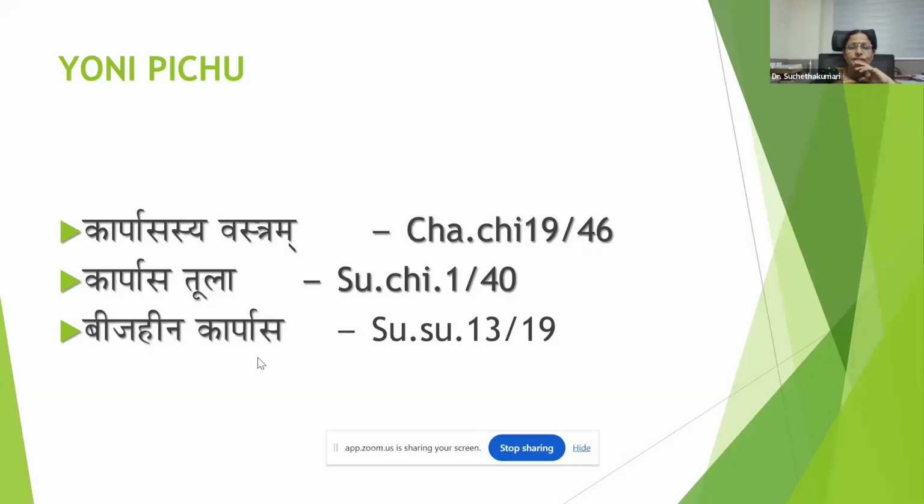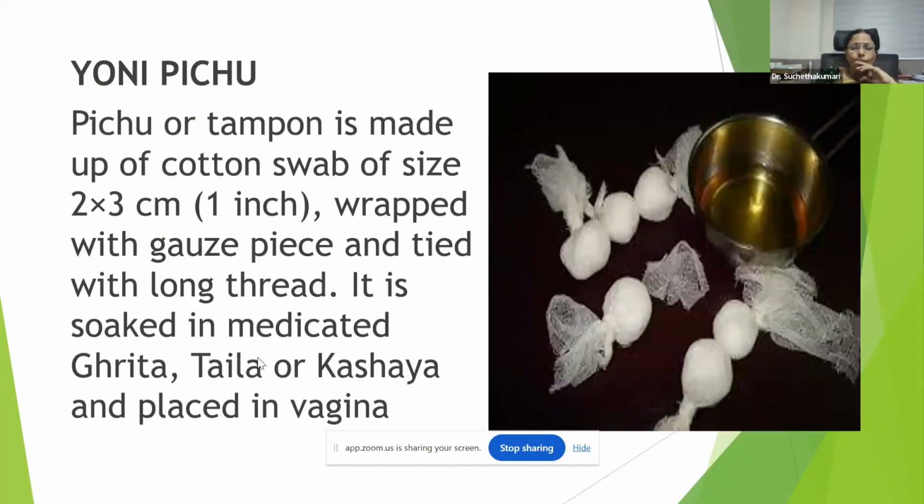So these are the references which are told in the classics for the tampon. This pichu will be soaked in the medicament which is desired. It can be a ghrita, or a taila, or a kashaya as per the need, and this will be placed in the vagina.